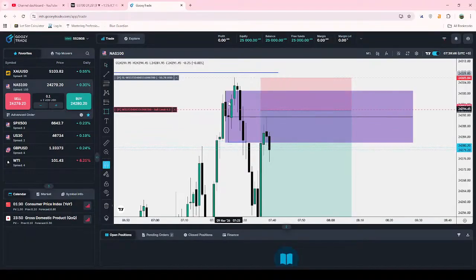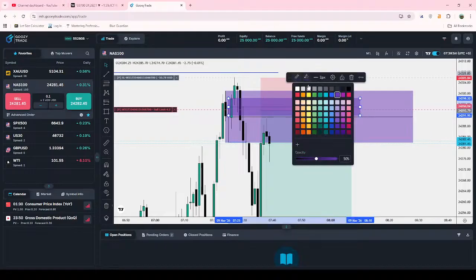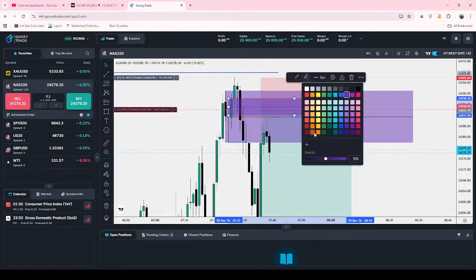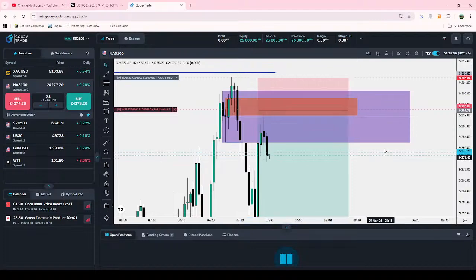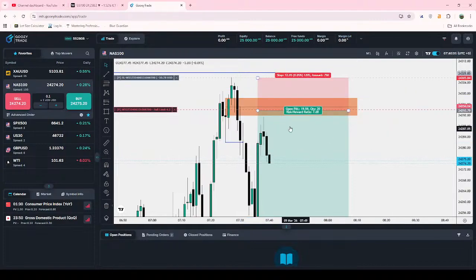You can see we have volume imbalance, so we can take the VIX into the fair value gap. This goes orange and this one too. So now according to the inversion fair value gap, this trade is legit.